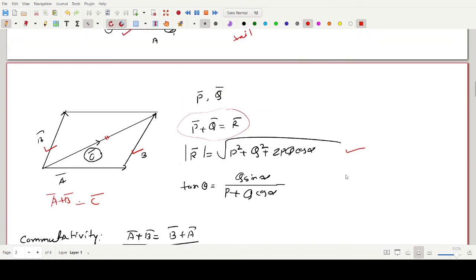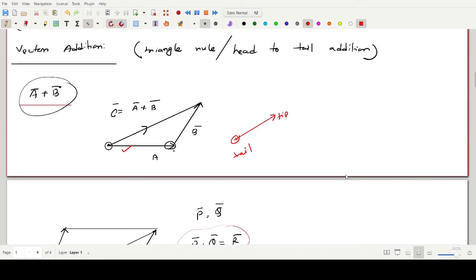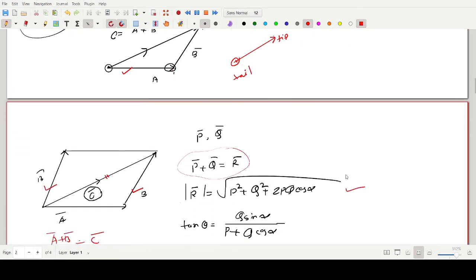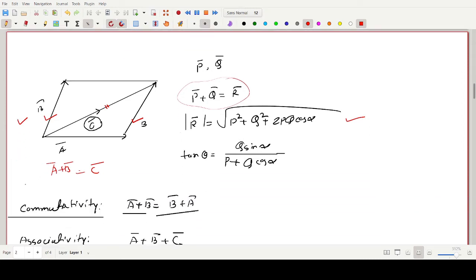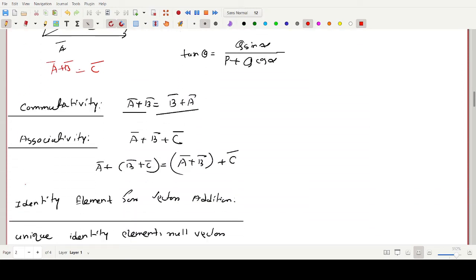Okay, so remember one thing: in some cases we do not understand that these are basically the same thing. Vector addition and the vector parallelogram are basically the same thing. Now there are some properties of vector addition which you should learn well, because in exams there might be questions about which properties have been followed in these calculations.